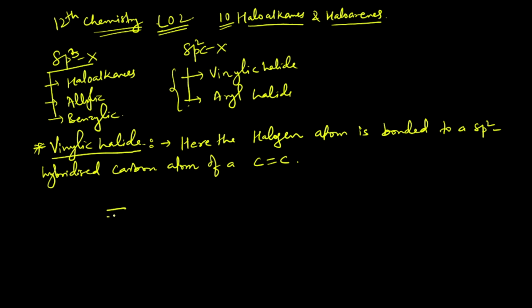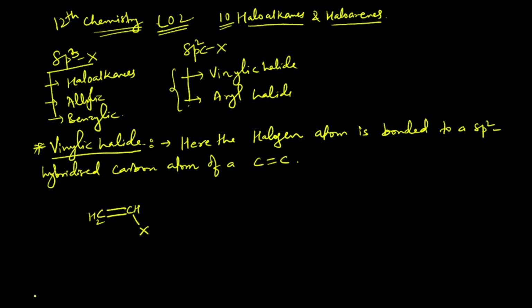It is the difference between allylic and vinylic. In allylic, we have the sp3 carbon atom next to the double bond where the halogen is attached. But in vinylic, the halogen is attached on the double bond itself. Suppose this is CH2 and this is CH, and one halogen you are attaching to this carbon.